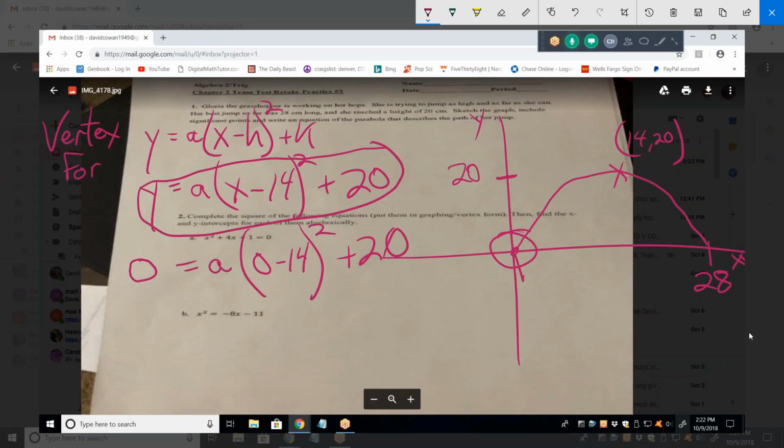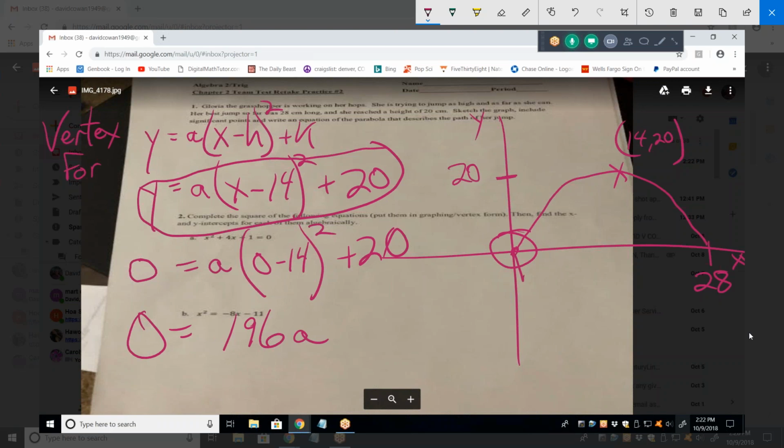And now if I do that math, I get 14 squared is what? You have a calculator in front of you? I think it's 268. No. 196. Yeah. So it's 196a.